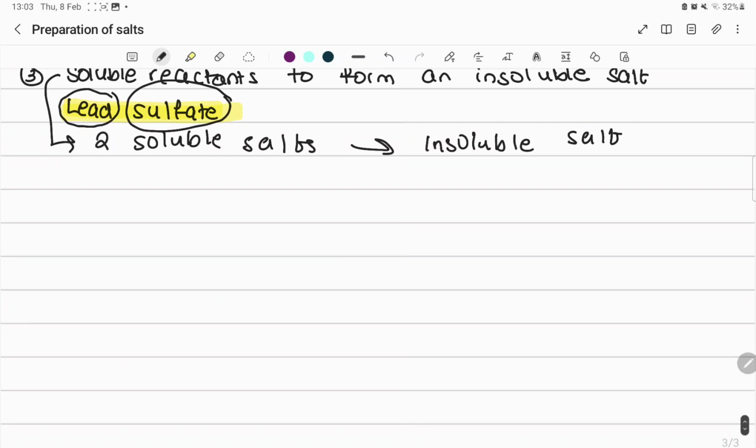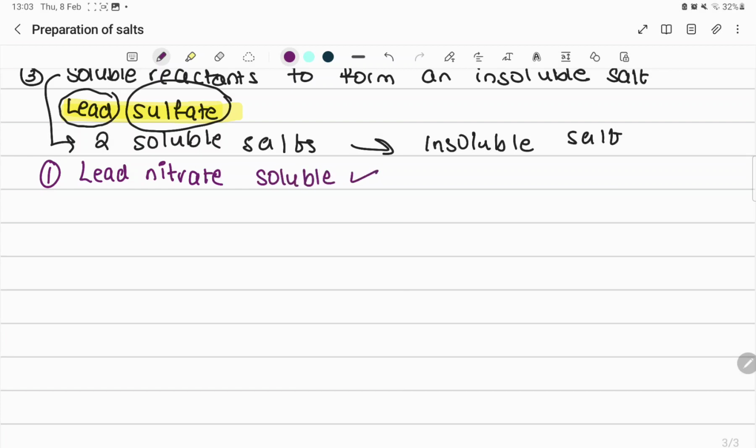So I'm going to choose, let's go with lead nitrate, sorry. All nitrates are soluble. At the end, after I'm finished with the precipitation reaction, I will give you guys the solubility rules so you know what is soluble, what is insoluble. All nitrates are soluble, so let's go with lead nitrate as one salt. This is soluble.